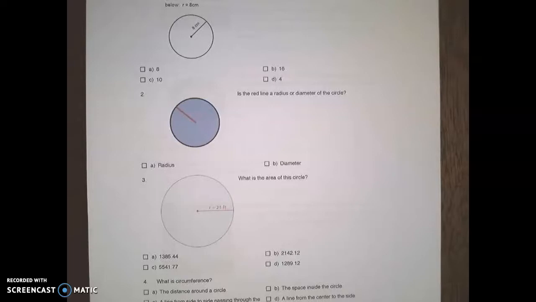Last week, I think there were 4 tasks total that you were doing on circles. And I know I'm still missing a few assignments from some of you. Some of you have done a great job and turned in everything. If you have any questions about what you still have not turned in, please shoot me a message and I'd be happy to tell you.